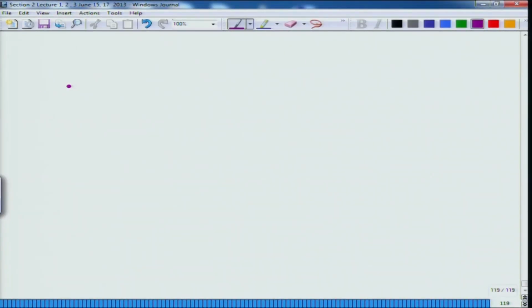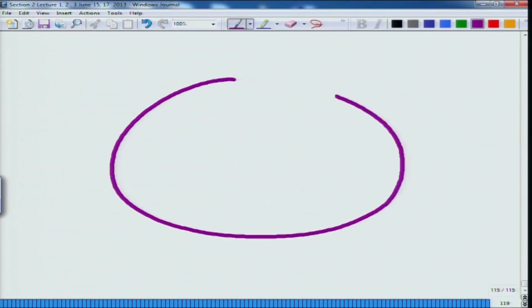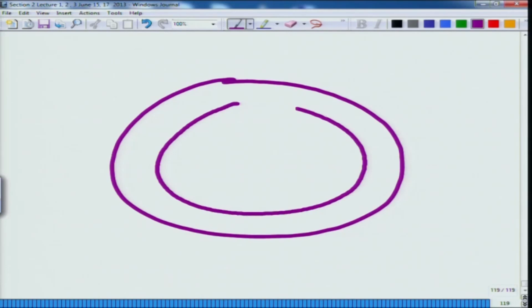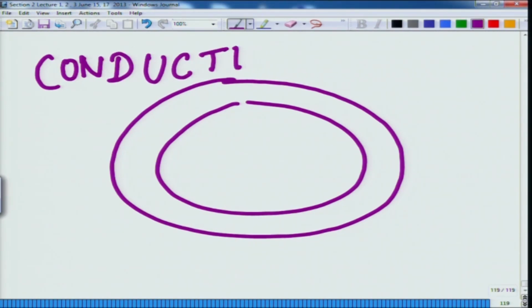So, another, okay, before we classify it, let us talk about another form of transport phenomena, that is called conduction. We are going to come to this conduction phenomena in bigger detail very soon, while we will be talking about the nervous system.